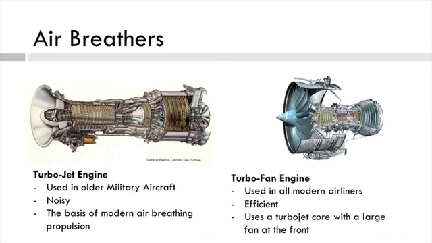So the air breathers, the turbojet engine, mostly now used in older military aircraft, not so much in modern aircraft. It's the basis of all modern air-breathing propulsion. It is, however, quite noisy and less efficient. Here we've got the inlet.